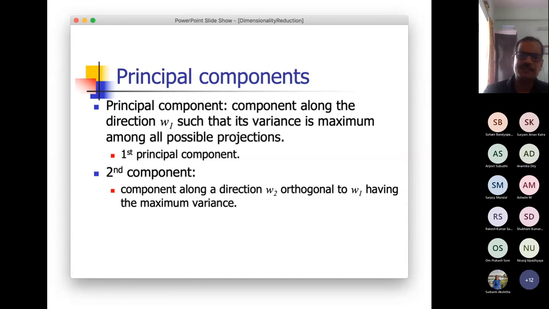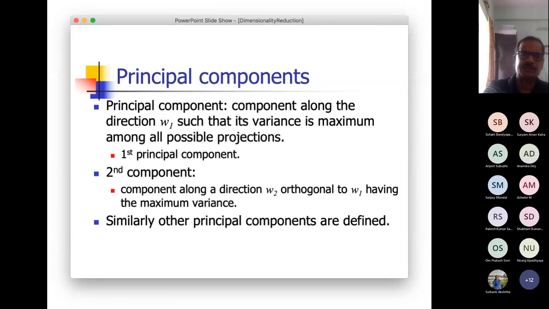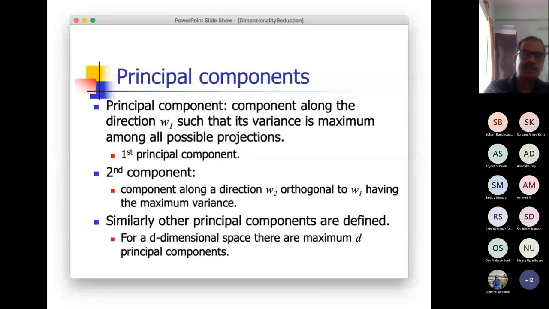Once again, having maximum variance means that effectively you are projecting the residuals, but it is synonymous. And similarly, other principal components are also defined: the third component has to be orthogonal to both W1 and W2, and the variance of the projections will be maximum. And you carry on doing this.